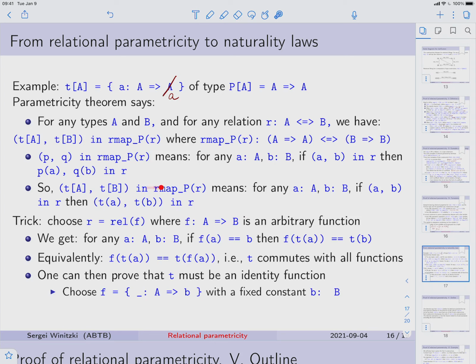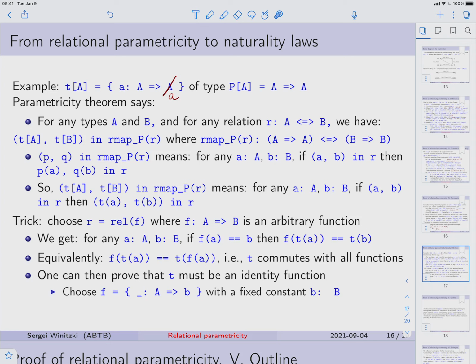And the parametricity law means if f of a equals b, then f of t of a equals t of b. And equivalently, it's like this. So for any a, f commutes with t. So t is a function of this type, and it commutes with any function a to b. That is the result of applying the parametricity theorem to code of this type.